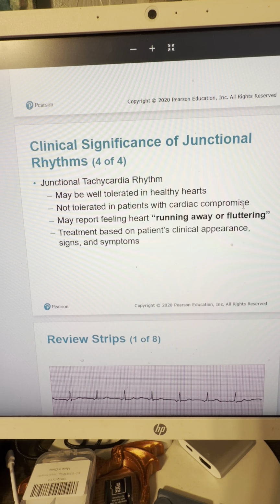If they already have a cardiac issue, then you're going to see them be more clinically deteriorated. They may say things like, I feel my heart beating in my face, I can feel it in my neck, it feels like it's fluttering, or I can feel my heartbeat. And we base our treatment on what the patient is doing. O2, IV, monitor, fluids, start running labs.